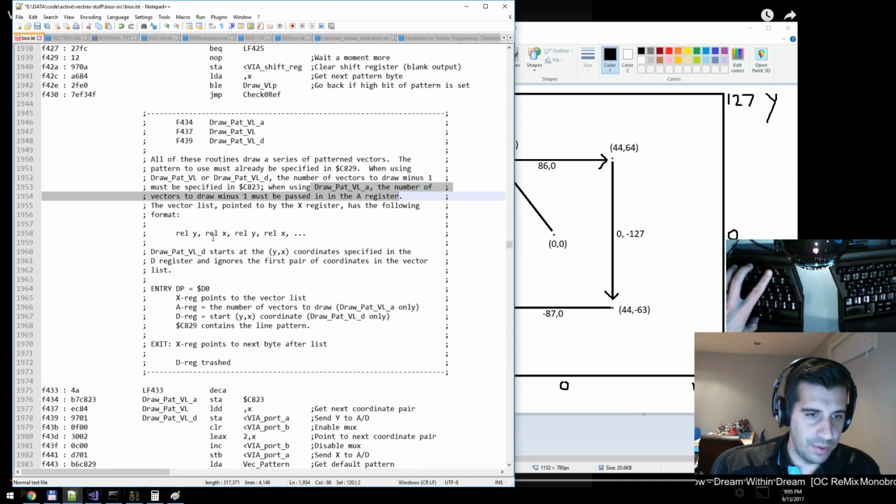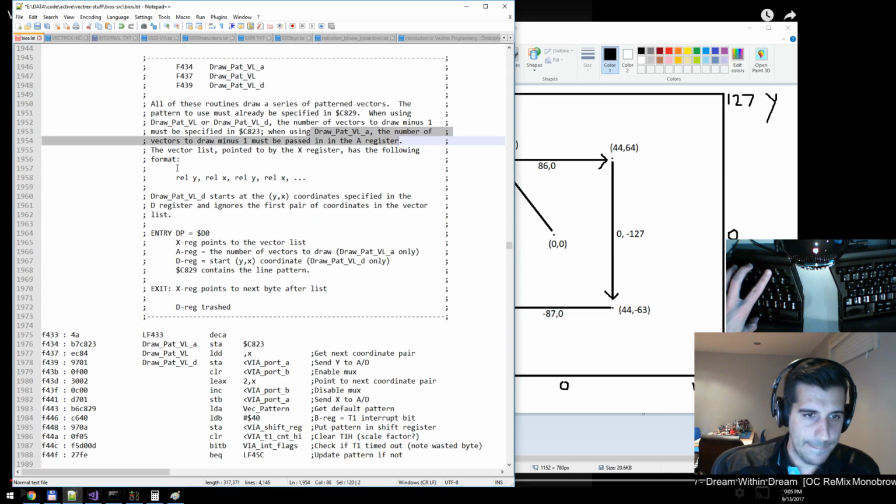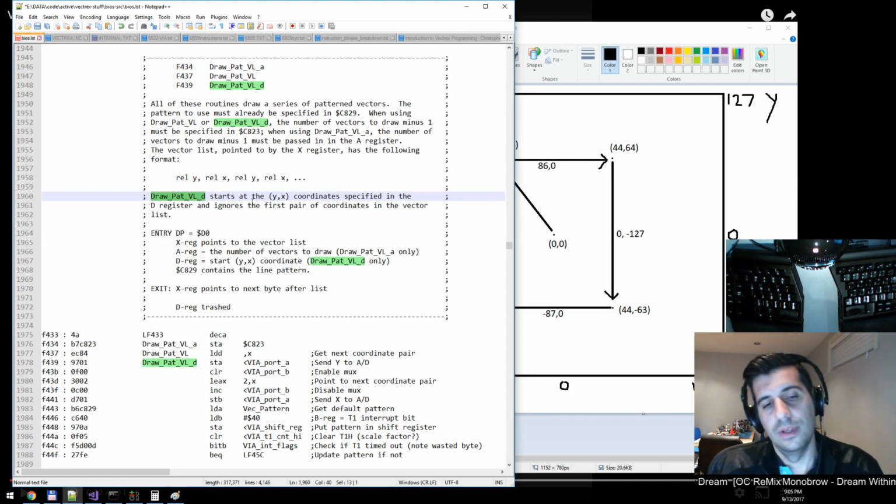So relative Y, relative X, relative Y, relative X. Draw pattern VLD starts at XY coordinates specified in the D register and ignores the first pair of coordinates in the vector list. Interesting. So I guess this could have also been used in our case, but it wasn't.